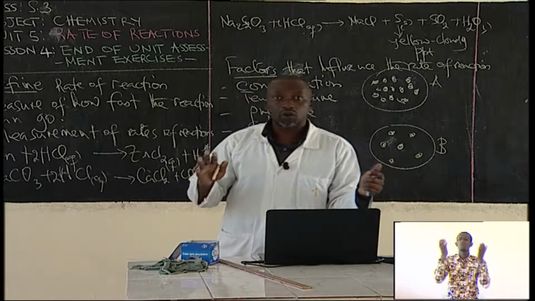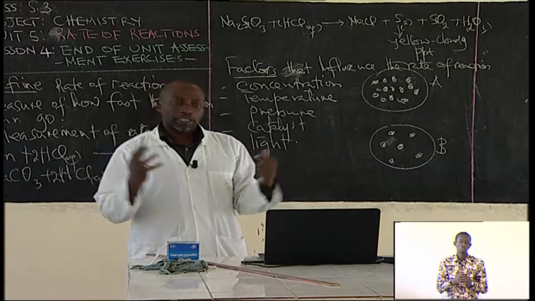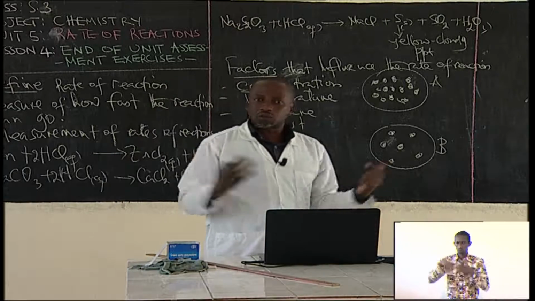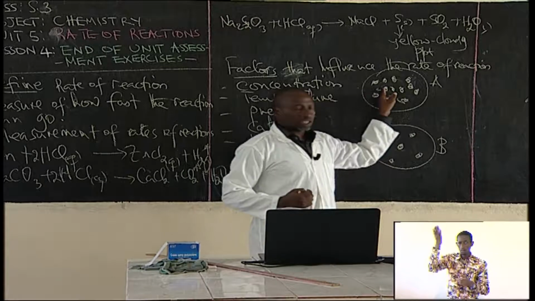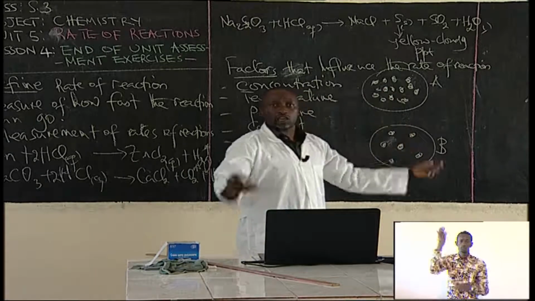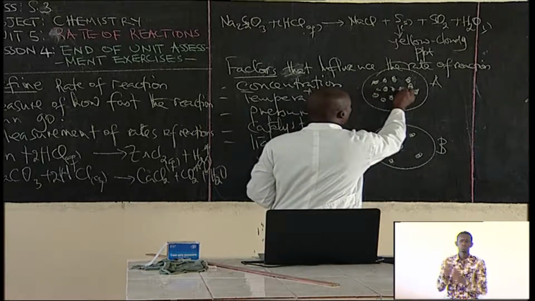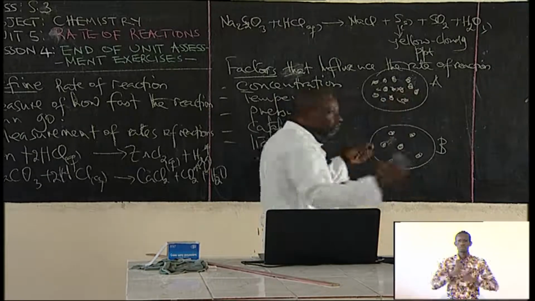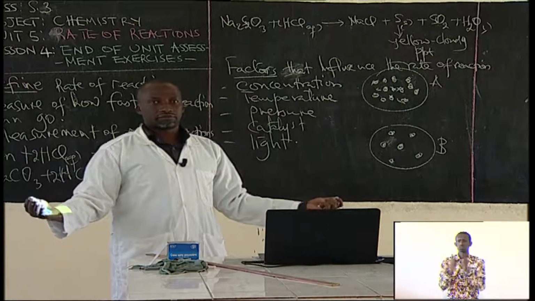If you remember very well, I said reactions take place by chance. Particles colliding with each other, particles hitting each other. So here, there are more chances that these particles, because they are in random motion, are likely to meet and collide. As they collide, the reaction takes place.